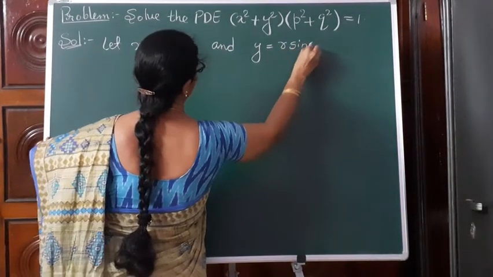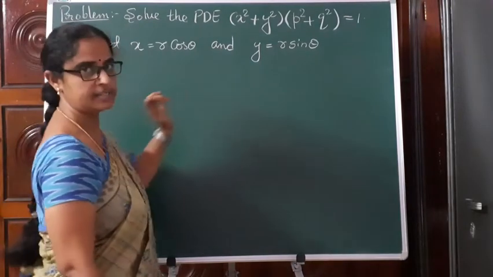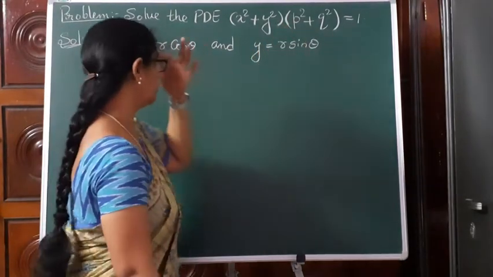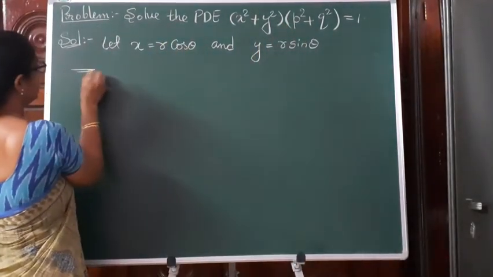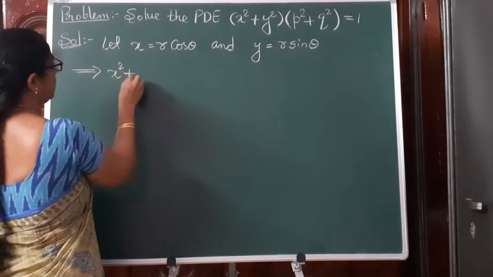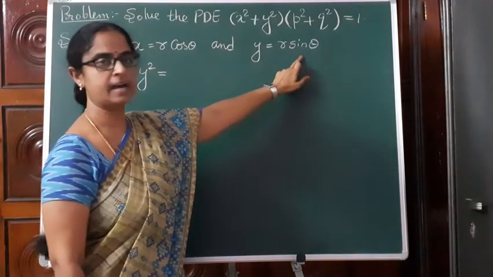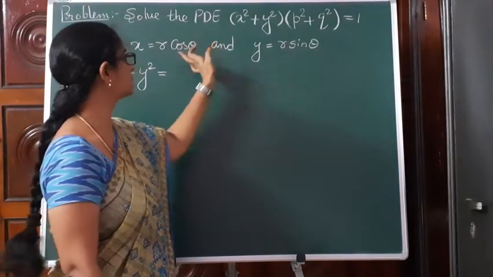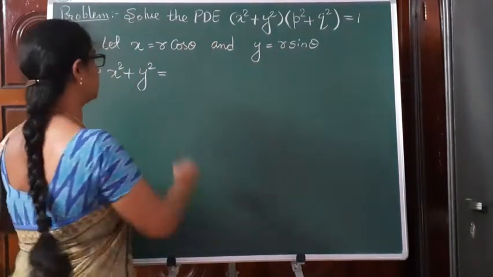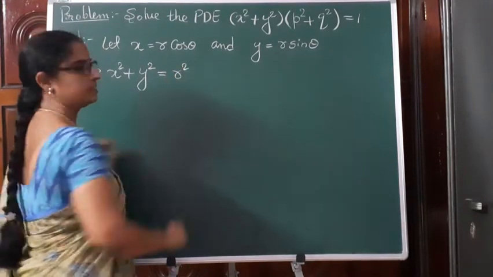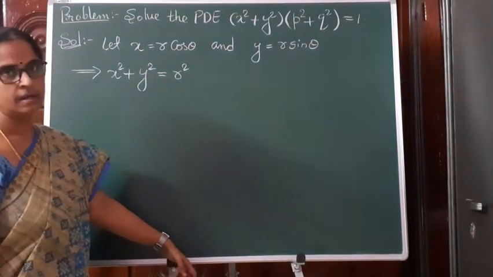Before finding dou z by dou x and dou z by dou y, that is p and q, let us see what x square plus y square is. X square plus y square is r square cos square theta plus r square sin square theta, that is r square into (sin square theta plus cos square theta), which is 1. Therefore x square plus y square is equal to r square.